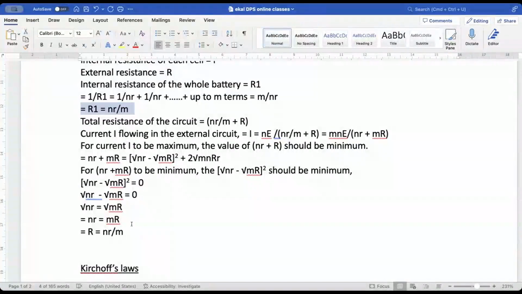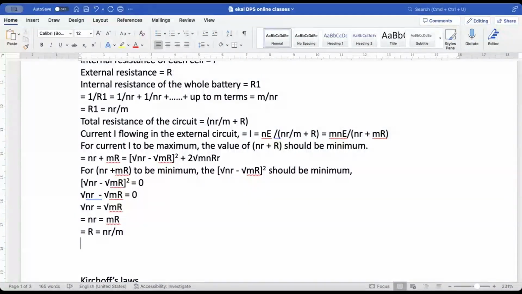So if we substitute this value of R in this equation here, we can get the maximum current in the external circuit. Let us substitute the value.